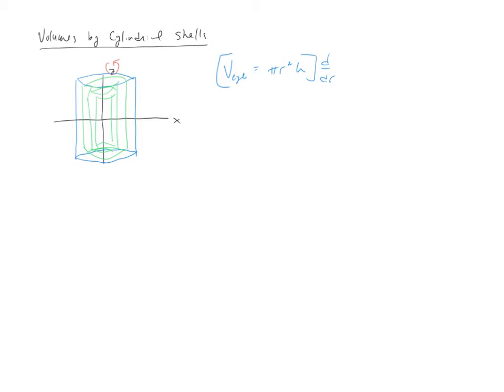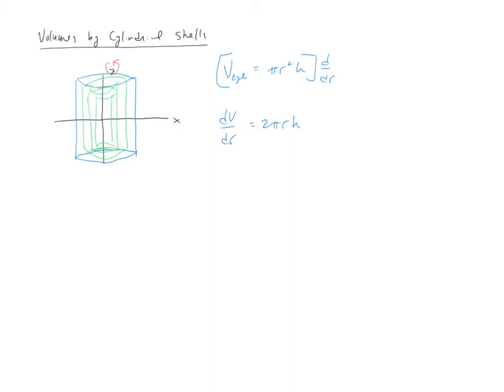The radius of this blue cylinder versus this one versus this one versus this one, those are all going to be different. So I'm taking the derivative with respect to the thing that's changing, the r. So on the left, we have dV dr, and on the right, since we're taking the derivative with respect to r, we've got 2 pi r h.